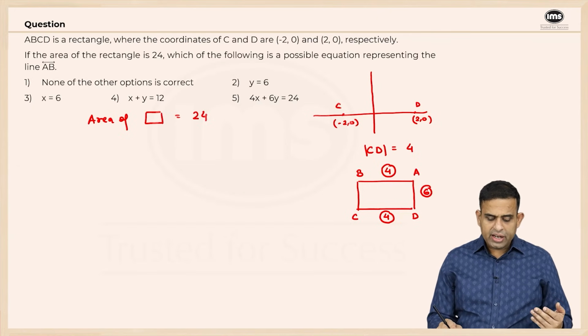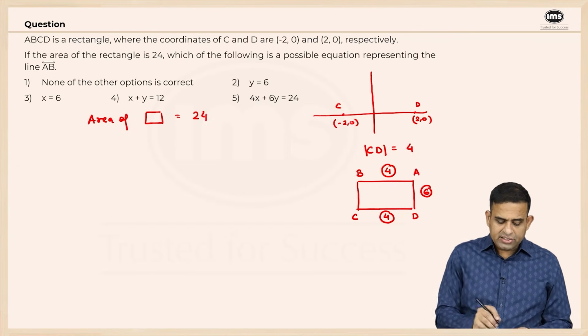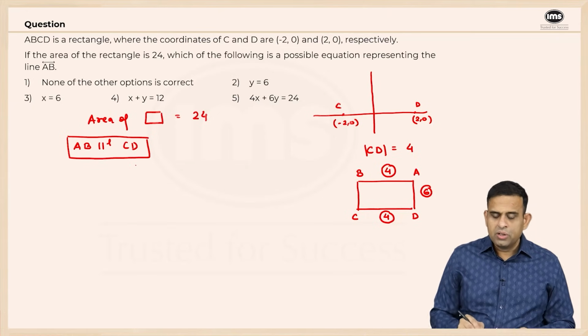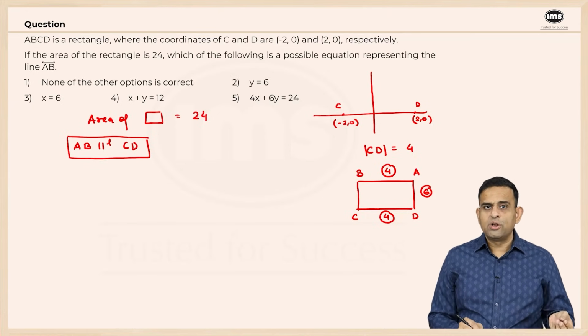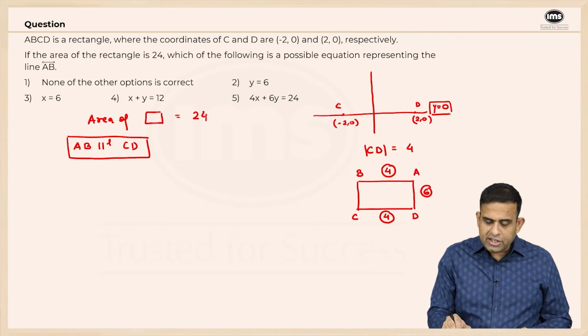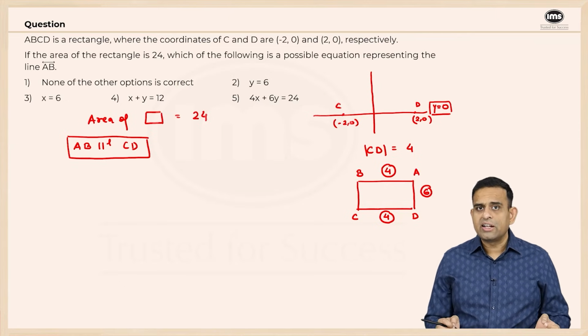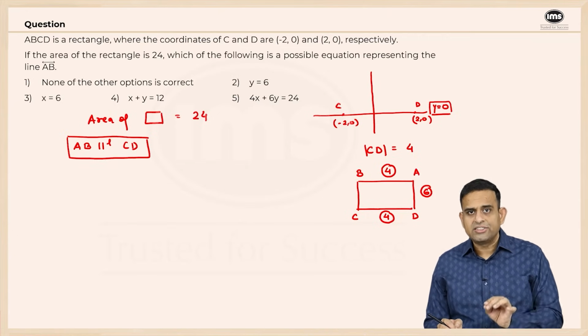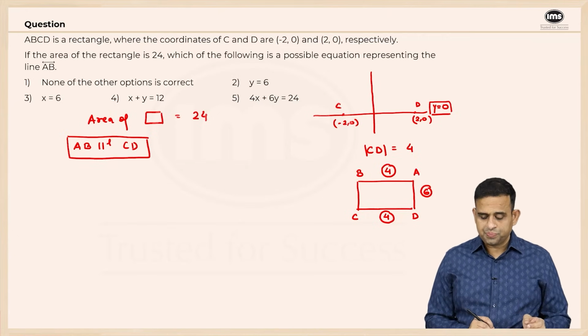Now understand, what can I say about the line AB? Can I say line AB needs to be parallel to CD? So both are going to have the same slope. Now if I look at the equation of the line CD, this has the equation y equals 0, because the points C and D both happen to be on the x-axis. So the equation of line CD is nothing but the equation of the x-axis, or y equal to 0.